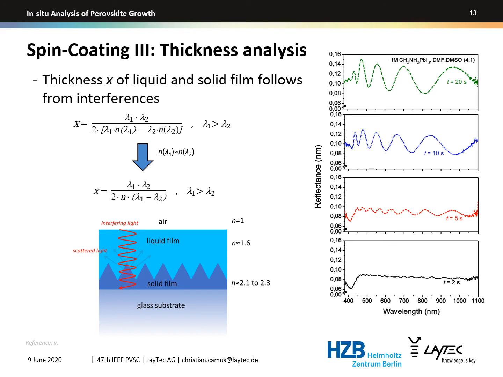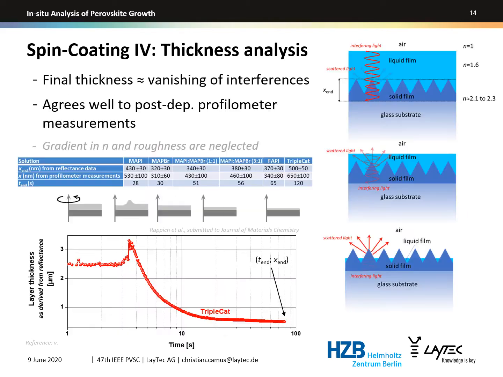And here we did a rather crude approach by neglecting all dispersion and differences in the refractive indices, and assuming that the entire film was probed by the interfering light. If you do that, it basically means that the final thickness corresponds to the time at which the interference will start to vanish.